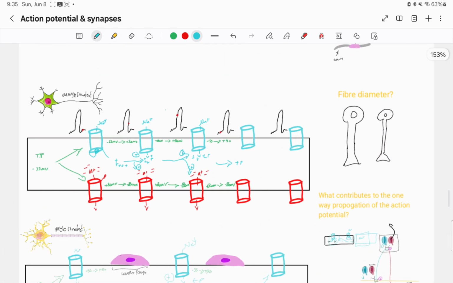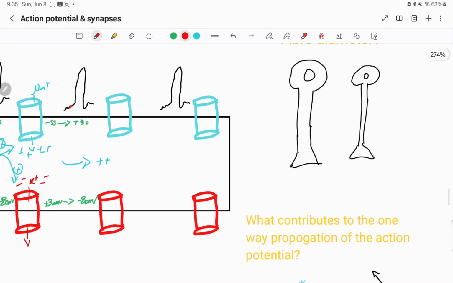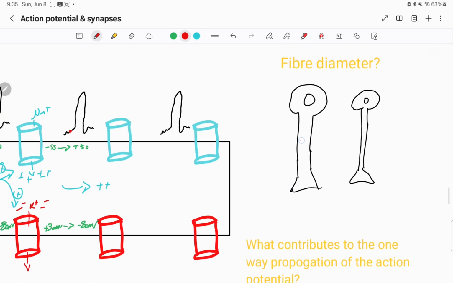Last little note about conduction speed. So we know that myelin increases conduction speed, but there's another thing that also increases conduction speed, which is fiber diameter. So if I have a neuron whose axon has a much higher diameter than the other one, this one will have a faster conduction velocity, okay?